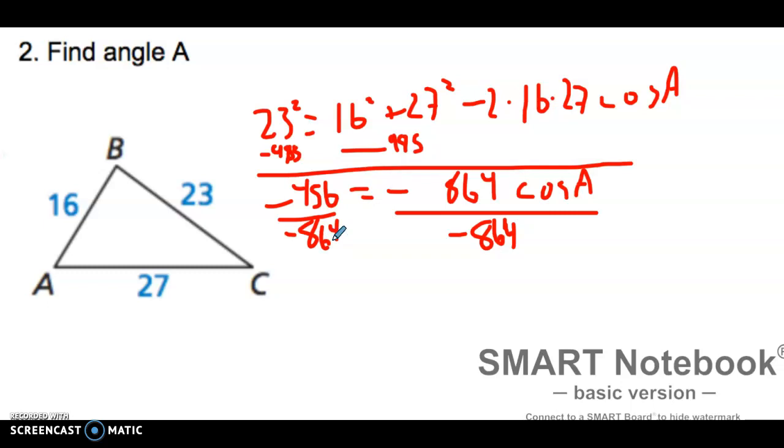So 456 divided by 864 is 0.5277, but I want to find the inverse cosine of that, so I do inverse cosine of that answer, and I get that angle A is equal to 58.1 degrees. And we will usually round to the nearest tenth.